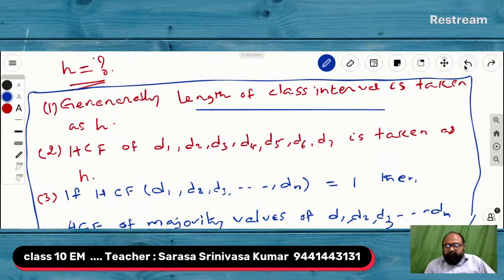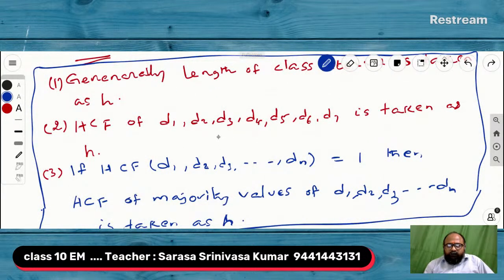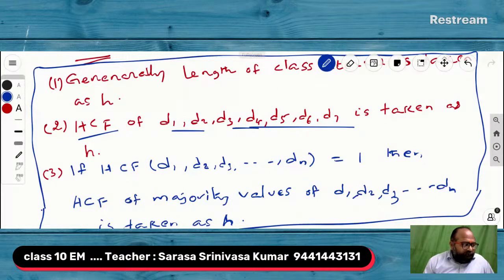This is rule 1. Next, rule 2: the HCF of the deviations d1, d2, d3, d4, d5, d6, d7 is taken as h. The highest common factor of the deviations is taken as h.